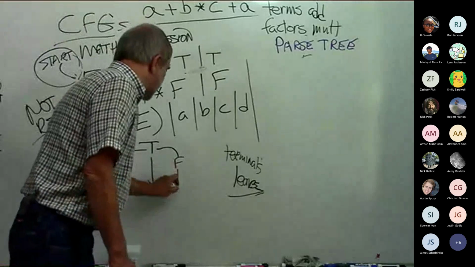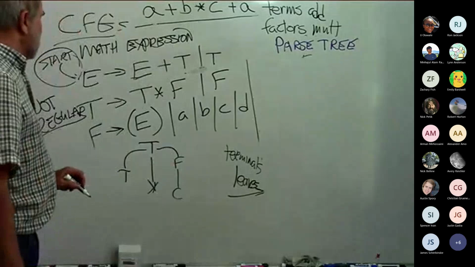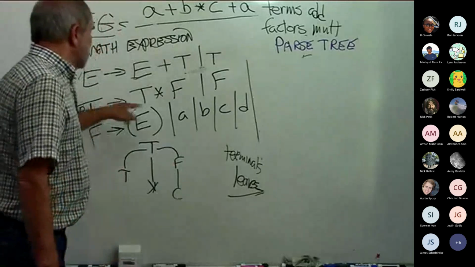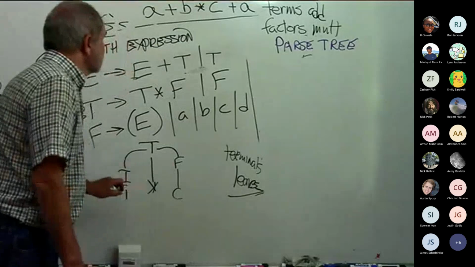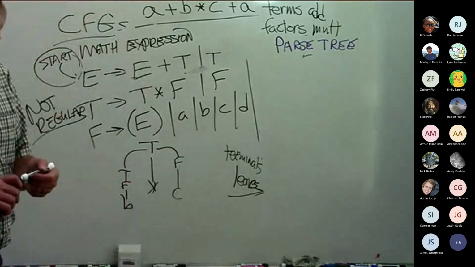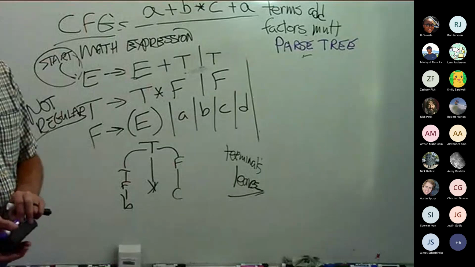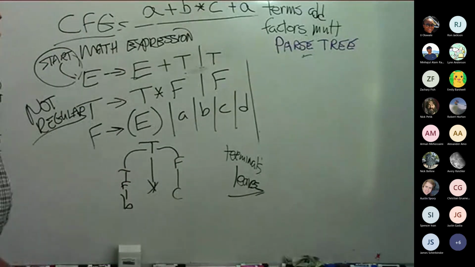Then we can take that factor to C, and this T then has to go to an F before it can go to the B, like so. Thank you very much. Good. Hopefully that clears it up.